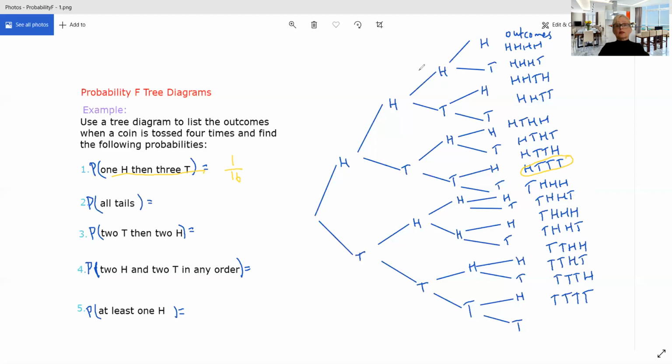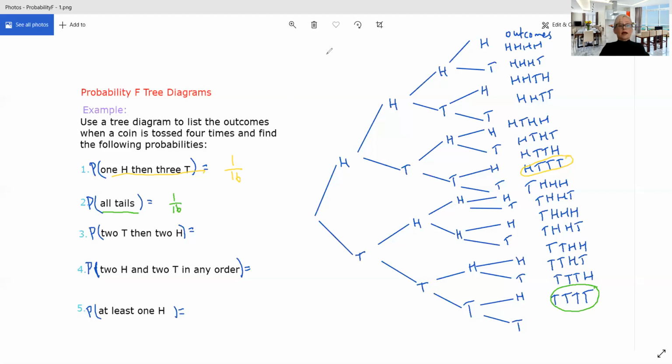Okay, all tails. Let's do a colour for that one. Again, having a look down all our possibilities. Let's see which ones fit the bill. All tails. Well, again, we've only got one of them that fits the bill. So the probability of that will also be 1 over 16.